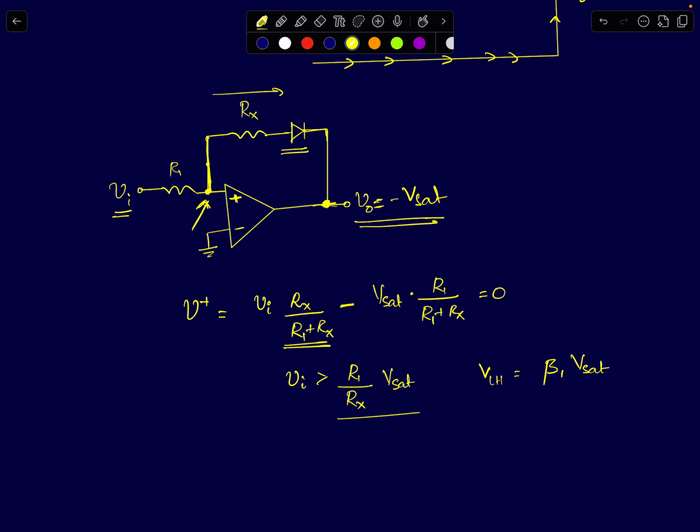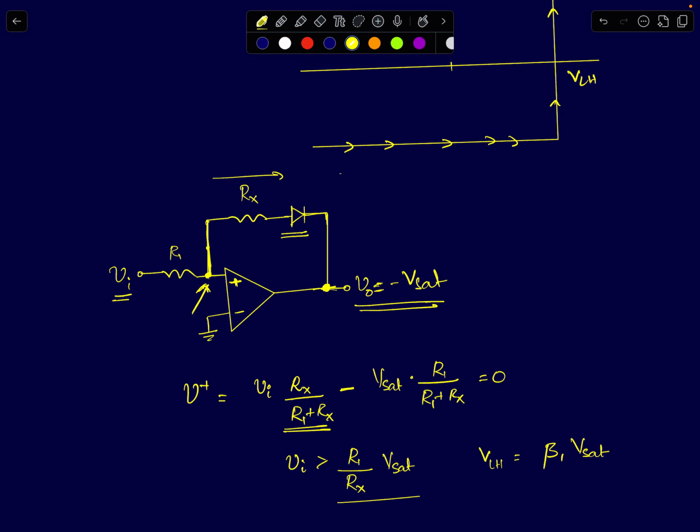As I start to increase my input, the V plus right now is at this voltage, and V minus is at ground, 0 volts. Input is negative, output is negative, so this node voltage is nothing but a superposition of two negative voltages. This will also be negative.